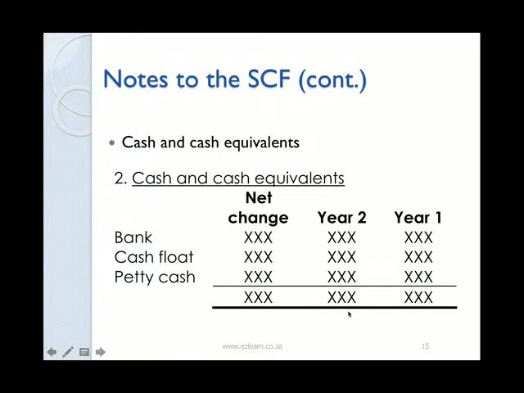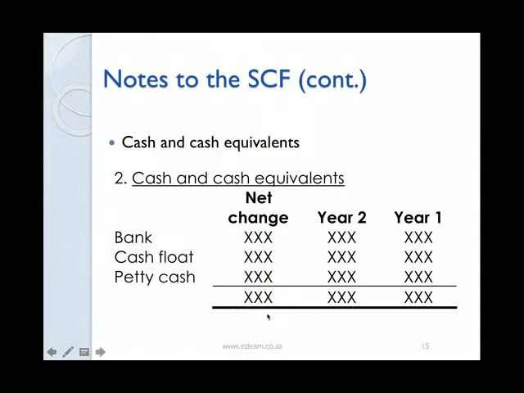Note that if bank is in overdraft, either for year one or year two, you would show that amount in brackets. You will then calculate the change between year two and year one by simply working out the difference between them in order to get the net change.